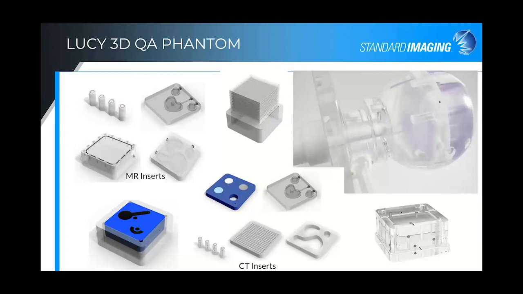The MR inserts include matching marker cylinders filled with mineral oil, matching irregular volume inserts, an MR signal generator, and an MR distortion grid. The marker cylinders for CT and MR have known distances, and the irregular volume inserts have known volumes. So verification of image fusion is also possible using the MR and CT inserts.